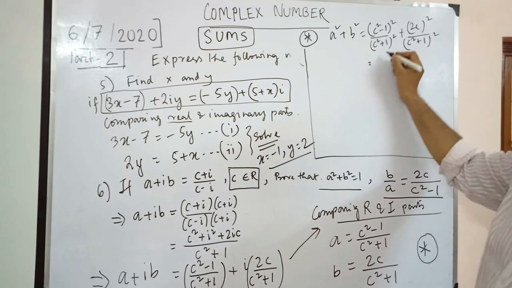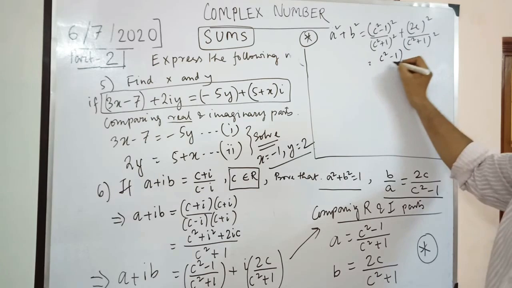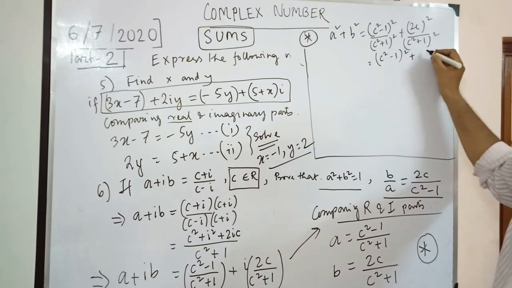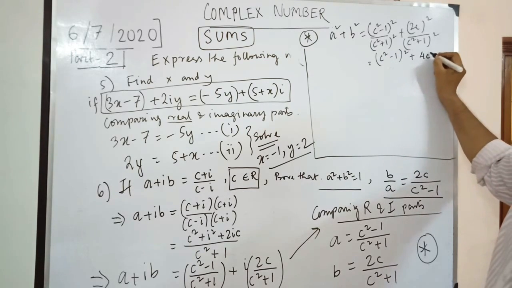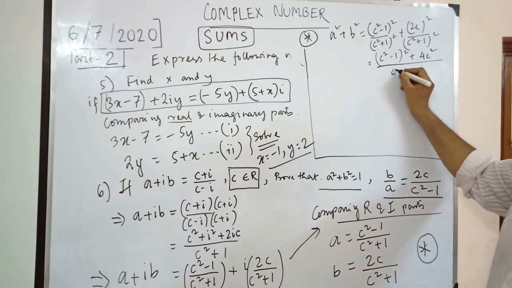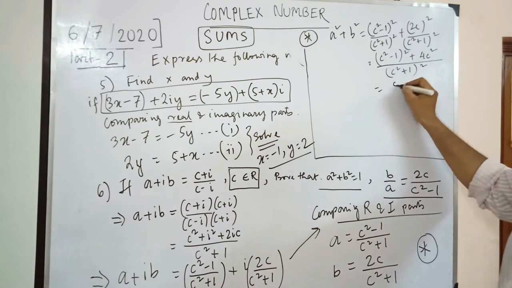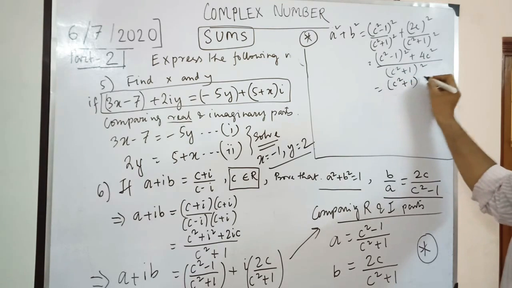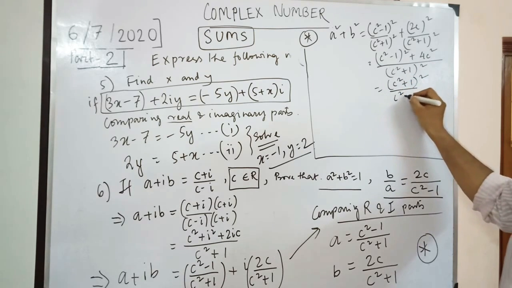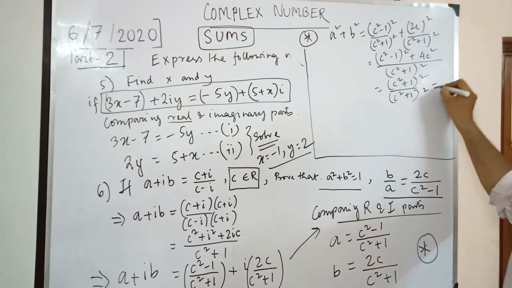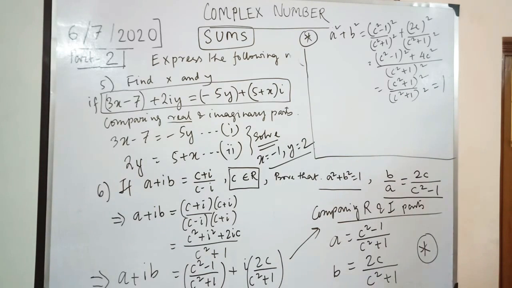When you square it, you will get c square minus 1 whole square plus 4c square by c square plus 1 whole square. So when you open it up, you will get the same c square plus 1 whole square above, and this is c square plus 1 whole square, so you get 1. So a square plus b square equals 1 is proved.